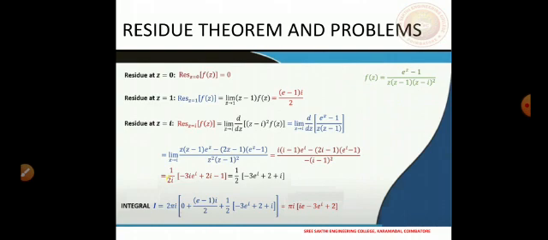If we do so, the z minus i squared will be removed from this function. So we have the derivative of (e power z minus 1) over z (z minus 1), and then we have to take the limit as z approaches i.